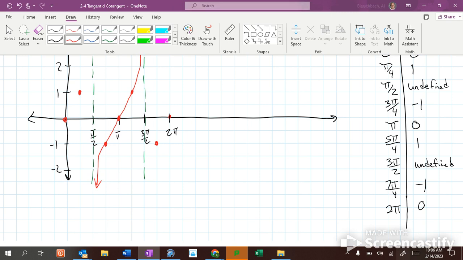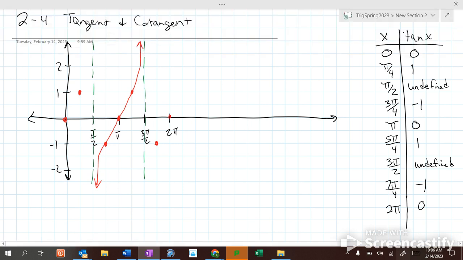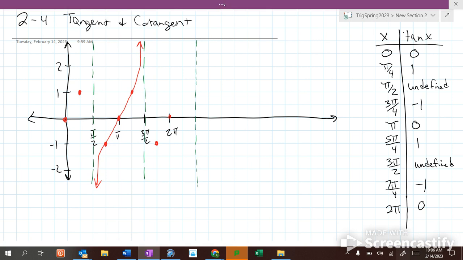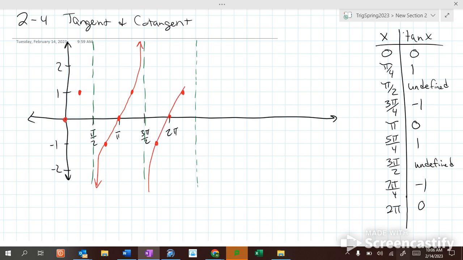All right. So that's only one curve, and I kind of like to see 2 curves. So what I'm going to do is throw out another asymptote over here, throw another point in there and make another curve. And that's what the tangent curve looks like. The tangent curve always has what type of slope?